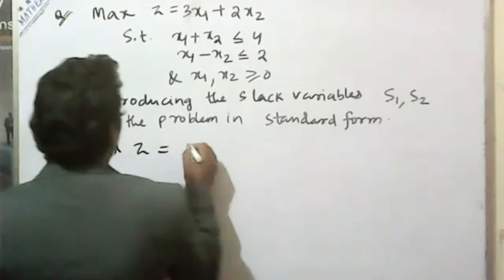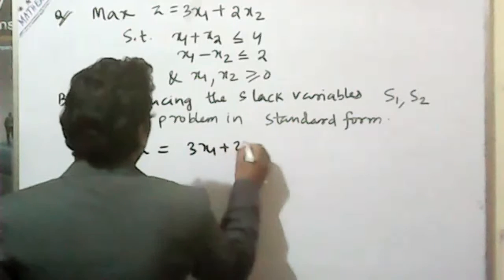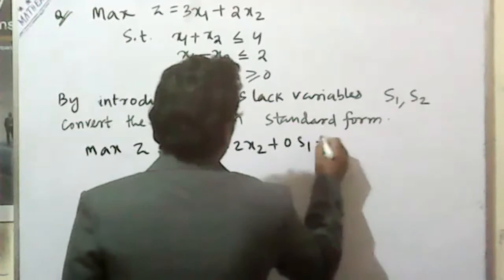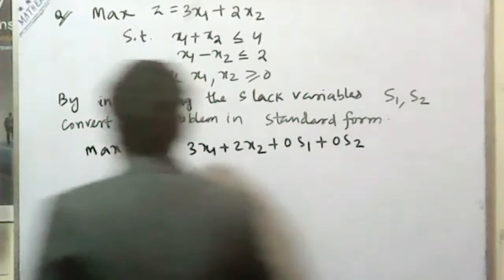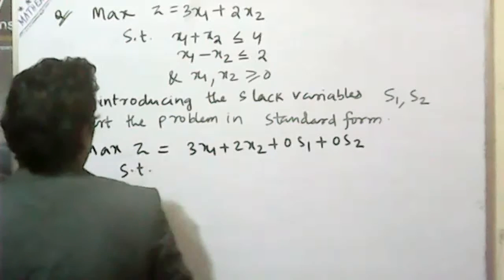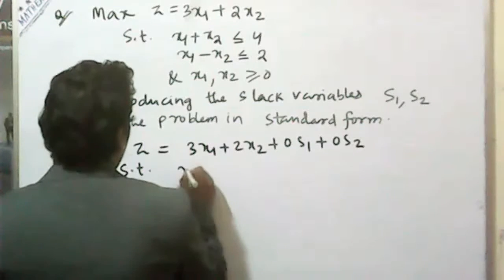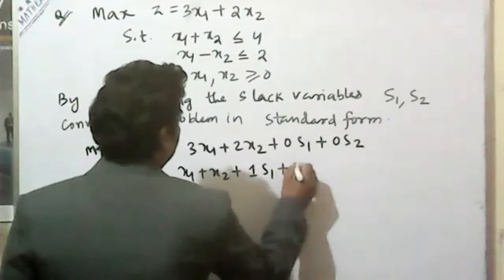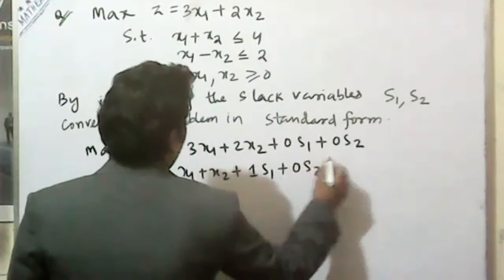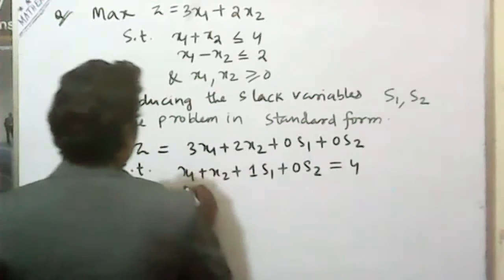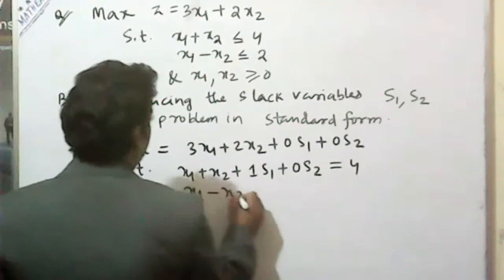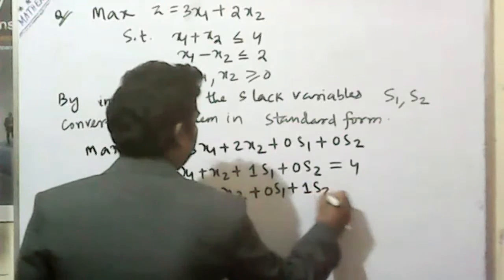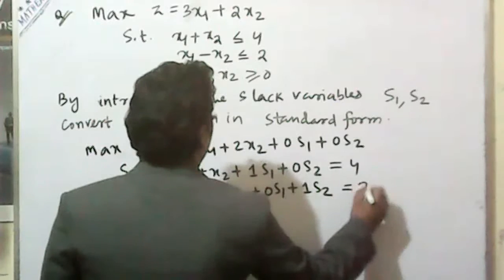Here, max z is equal to 3x1 plus 2x2 plus 0 into slack variable 1, plus 0 into slack variable 2, subject to the constraints x1 plus x2 plus 1 into slack variable 1, plus 0 into slack variable 2 is equal to 4, and x1 minus x2 plus 0 into slack variable 1 and 1 into slack variable 2 is equal to 2.